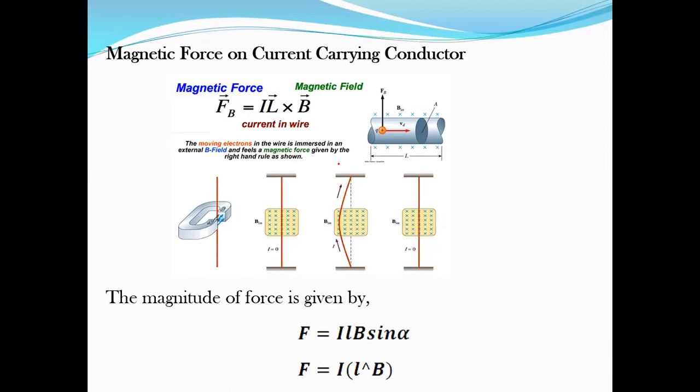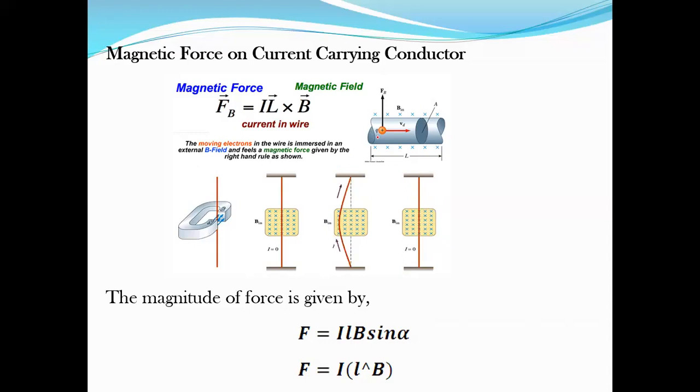Then there is a force on the conductor, because all these charges are moving along it. So there is a force perpendicular to both the direction of the current and the magnetic field, right?